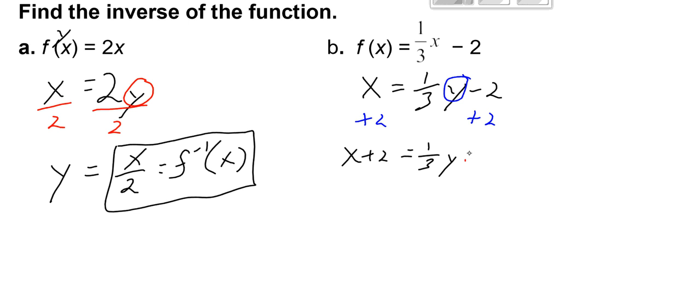I'm going to multiply by 3 to both sides to undo the 1/3. And so I get 3x plus 6 is equal to y. Well, that is also equal to f inverse of x.